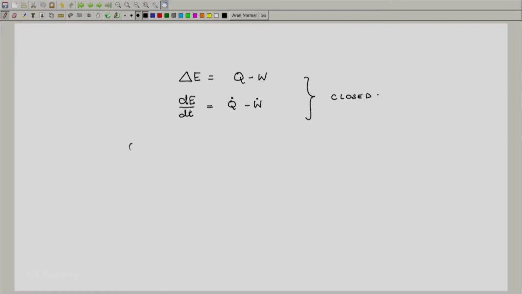But if we consider an open system, this is how we write our equation. This is closed.